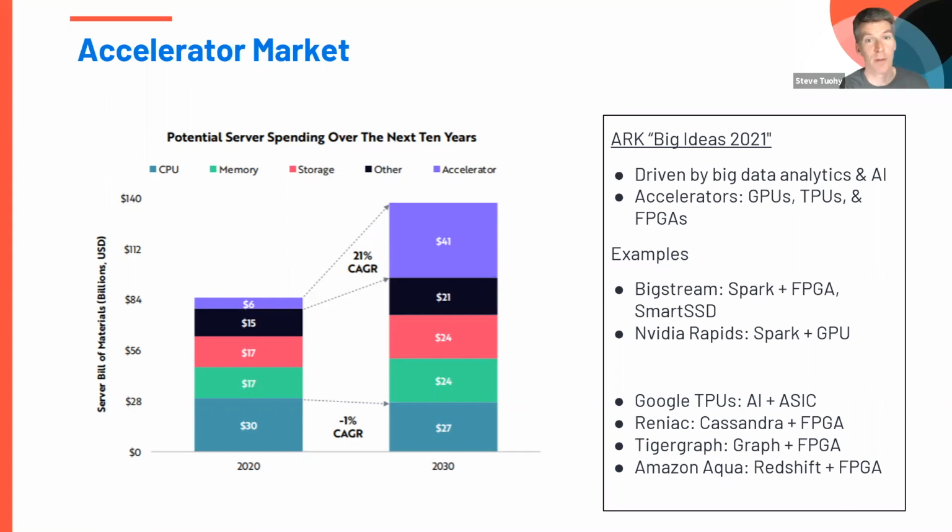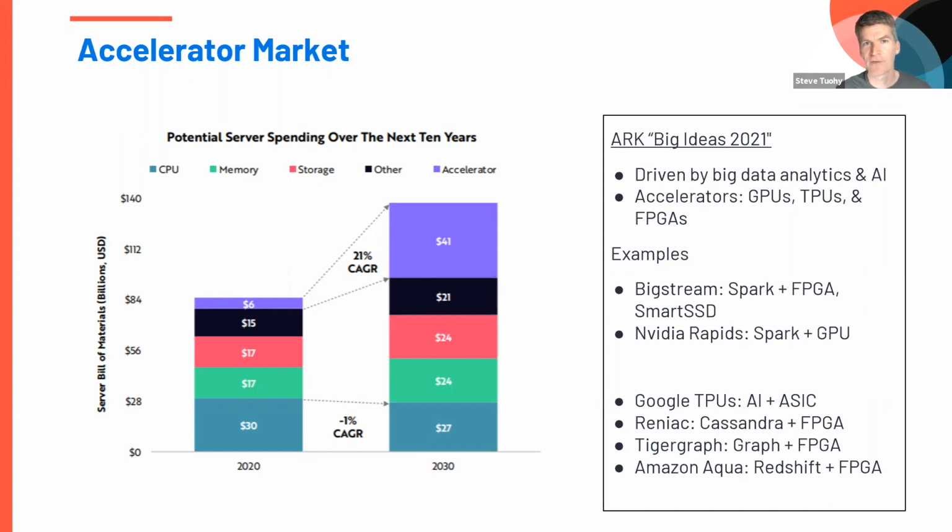And so to come back to the visual on the screen, this investment firm identifies accelerators, the hardware side of this, as becoming a $41 billion industry over the next 10 years, and actually exceeding the CPU sales and the $27 billion that would be in the lower right there, driven heavily by data analytics, big data analytics, and artificial intelligence in particular. So we're seeing a lot of excitement here.